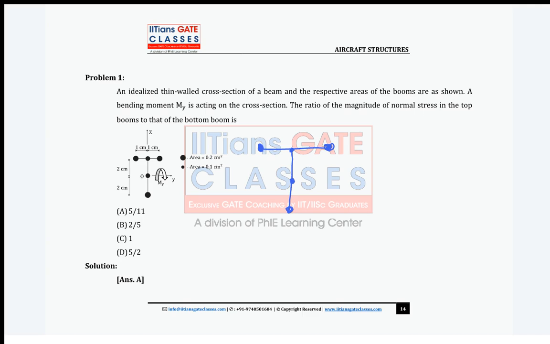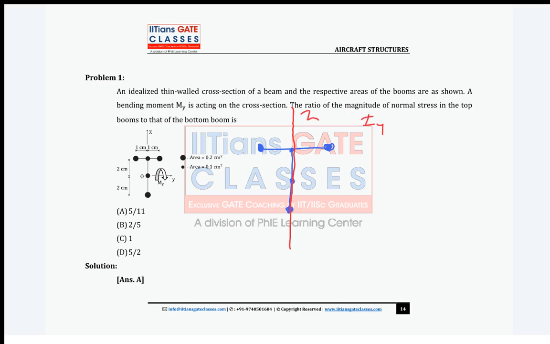Who was asking from the initial explanation? Who was that person? Yeah, Vignesh. You can see here. This is symmetric about what, Vignesh? This is symmetric about this axis, the vertical Z axis, right? So what is your Iyz?